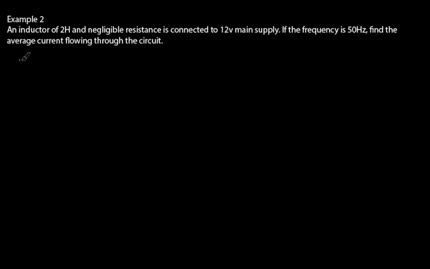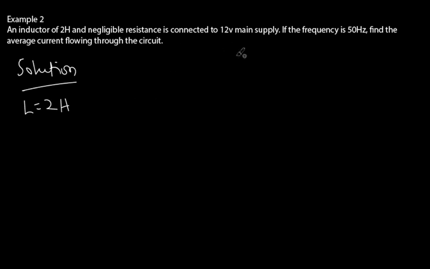Okay, so let's write the solution. Now let's read the question again. An inductor of inductance 2 Henry, so we have L equals 2 H. The negligible resistance means that in case we have another resistor in this circuit, the resistance is negligible, so we can ignore that.